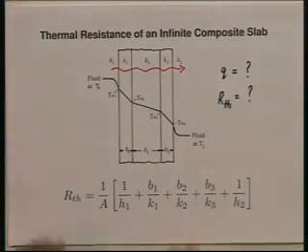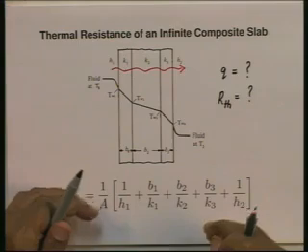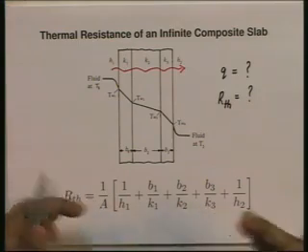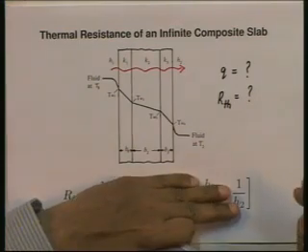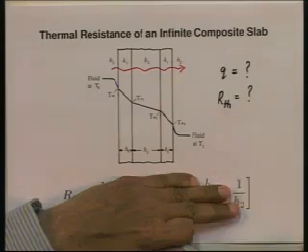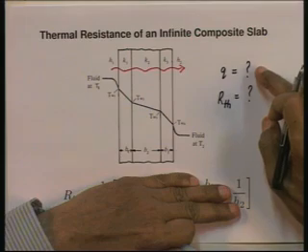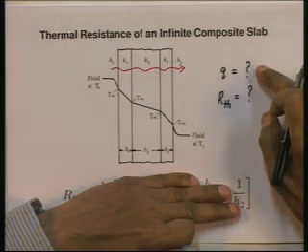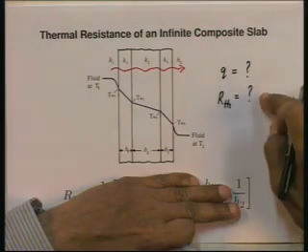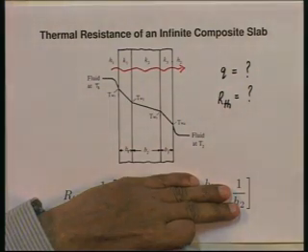All right, thermal resistance of this composite slab. That is what I would like to do. For the moment, let us not look at this expression, we will come to it in a moment. This is the composite slab. We want an expression for the heat flowing across it and the thermal resistance of this composite slab.